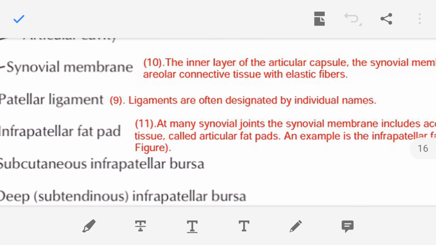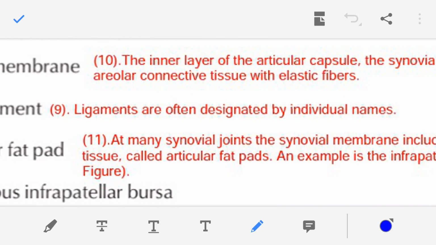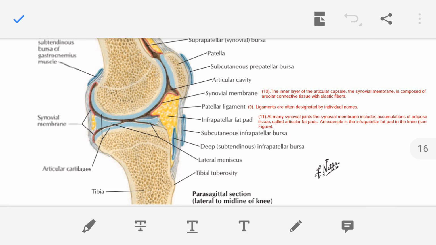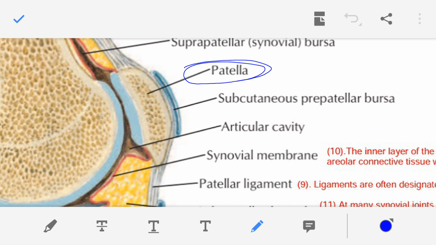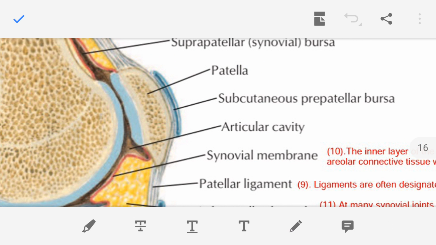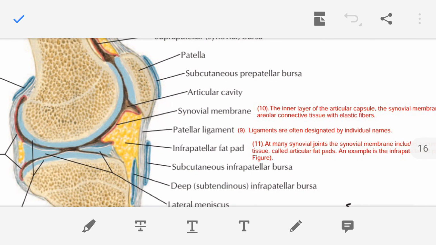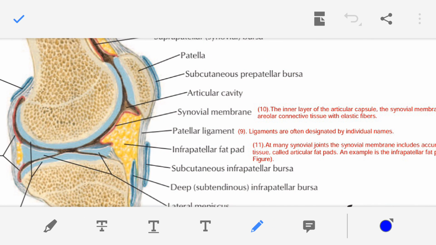Now ligaments are often designated by individual names. There are various kinds of ligaments, and these different ligaments are given different names. That is the meaning of this point. Let's say here in this knee joint, the patella is shown. The ligament which is joining the patella is known as the patellar ligament. So this is the patellar ligament they are showing.